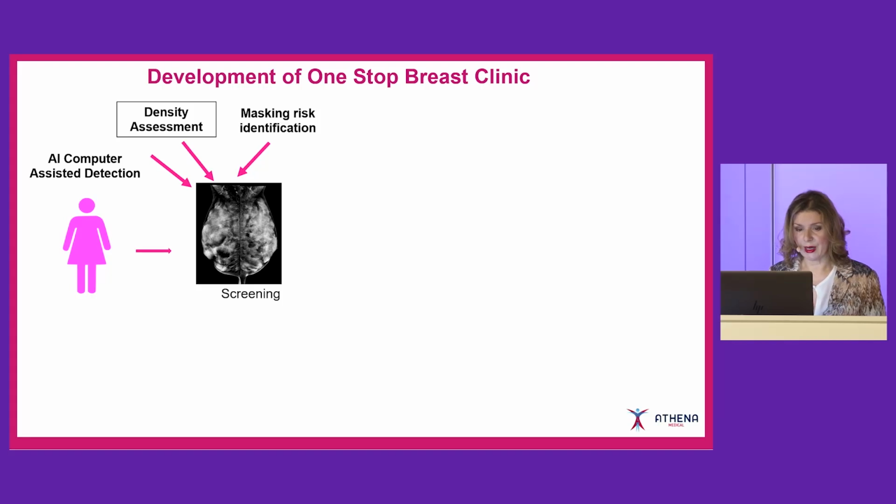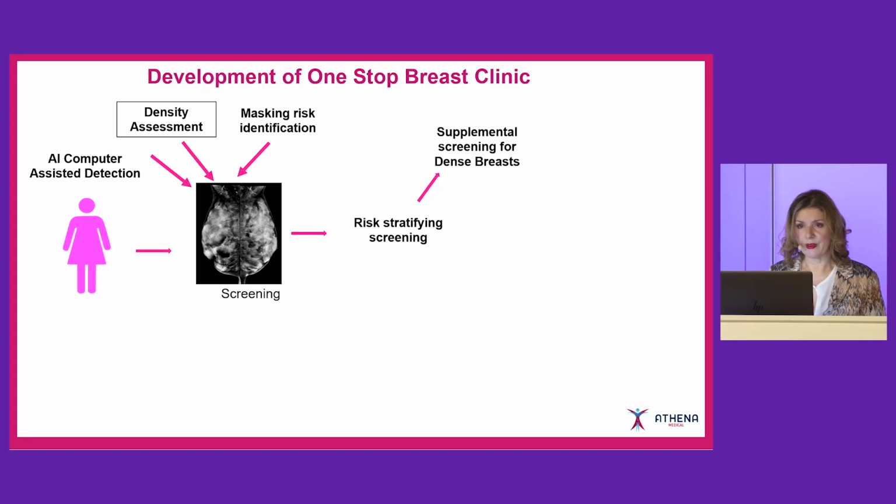So we use AI, computer assisted detection, for breast density by Volpara. So we have the Volpara scorecard in order to be more precise about the type of density that we have. Then we use the Tyrer-Cuzick score.